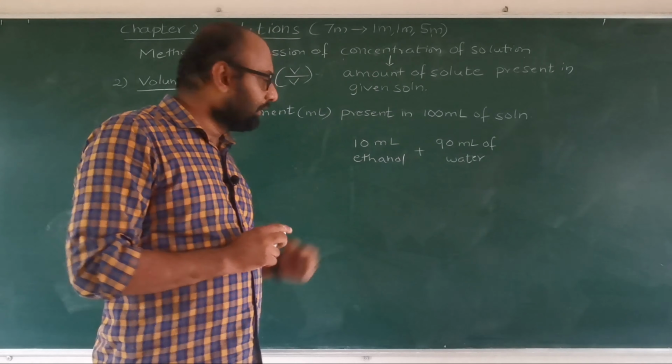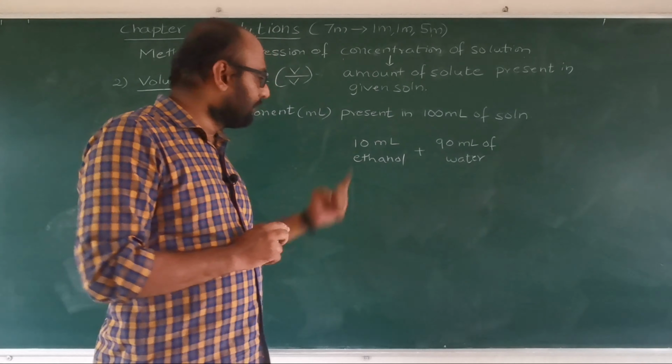Now which is the solute here? Ethanol is the solute. It is present in smaller quantity. Which is the solvent? Water is the solvent. Now when you mix these two, 10 plus 90, it becomes 100 ml of aqueous ethanol solution.